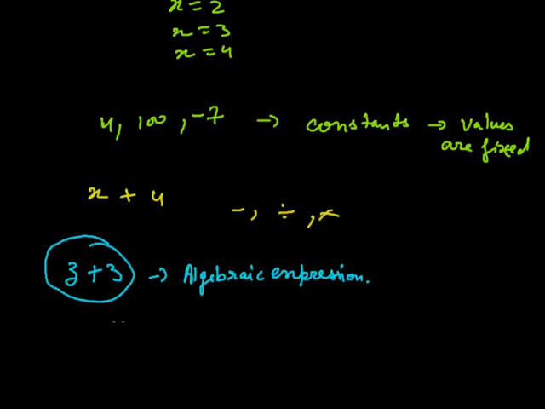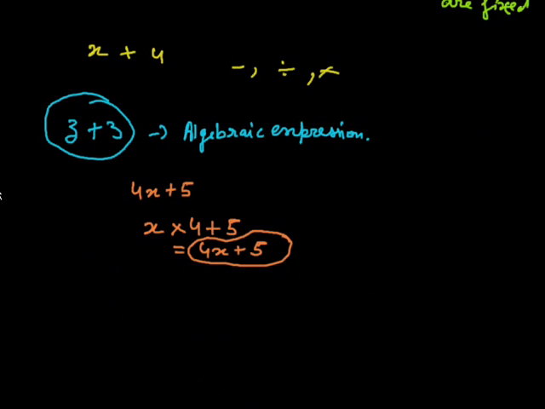Now, if I have an expression 4x plus 5, then this expression is obtained when we multiplied variable x with 4 and then added 5 to it. Thus, we obtain the expression 4x plus 5. That is an algebraic expression.